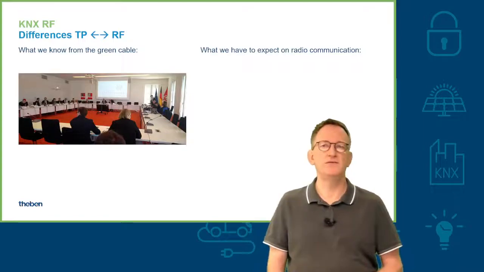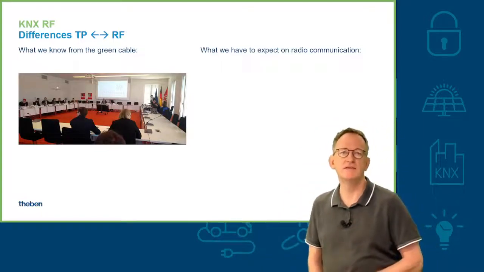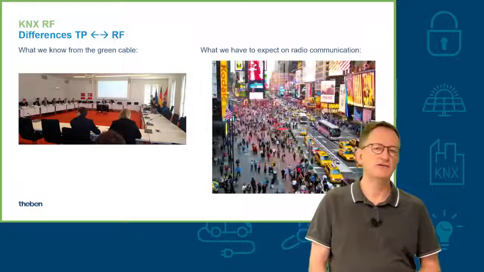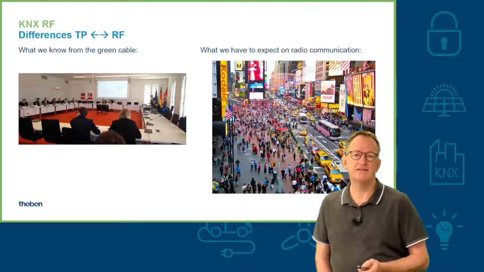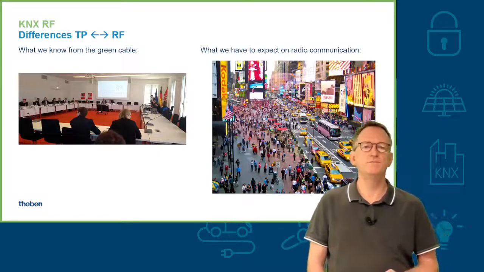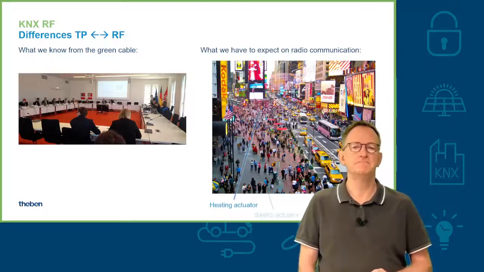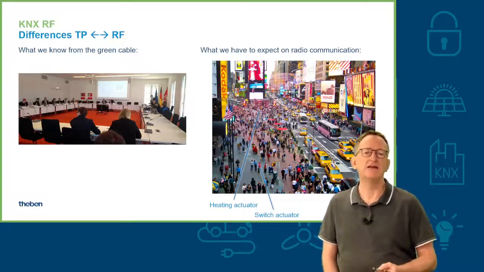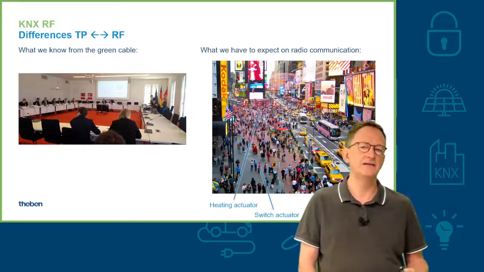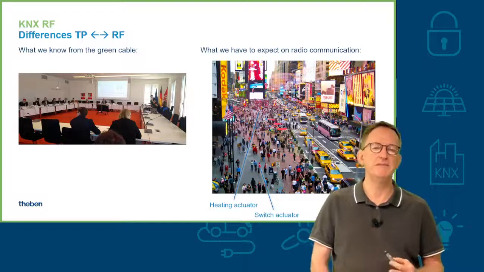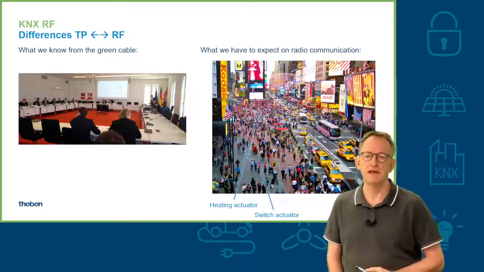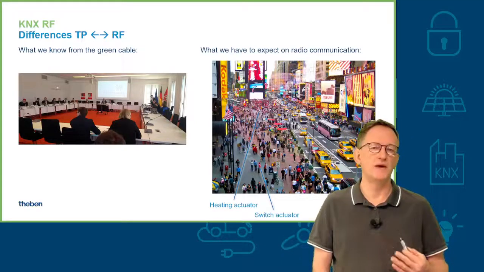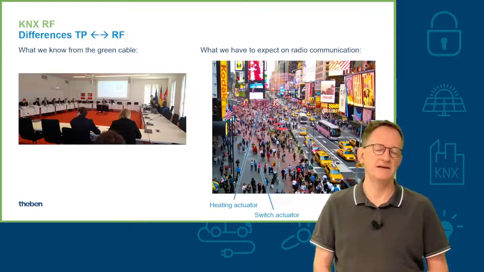What happens if we have a situation with radio communication, with RF communication? That looks pretty different. As you can see here, if we have two people who would like to talk to each other, they cannot wait until it's completely quiet. They do not even know how many people are around them. And the other people will never wait until they have finished their communication.